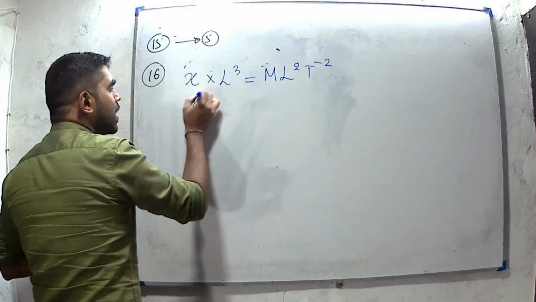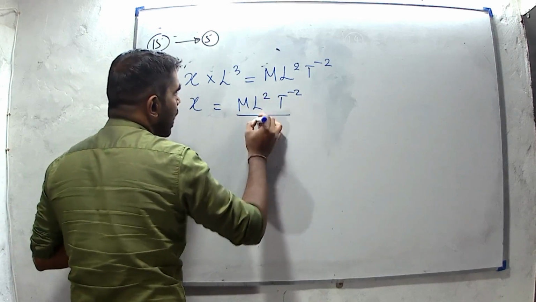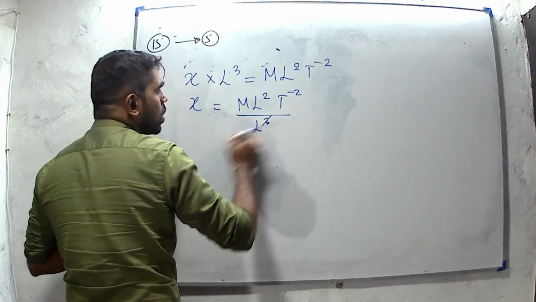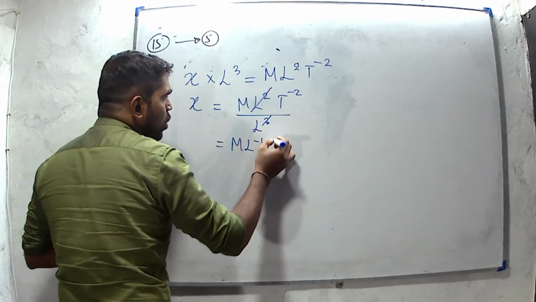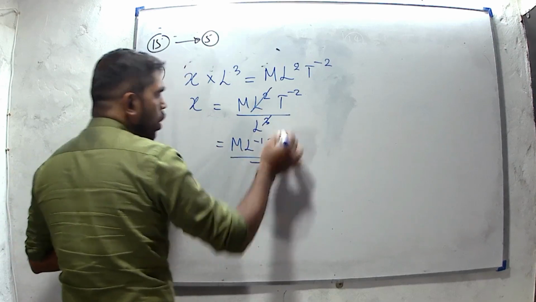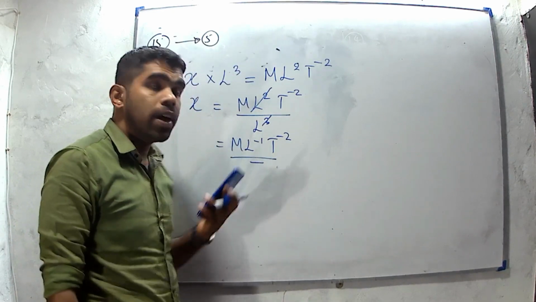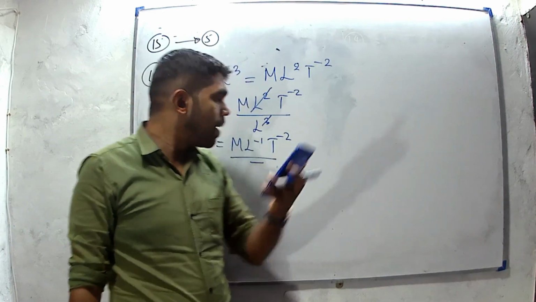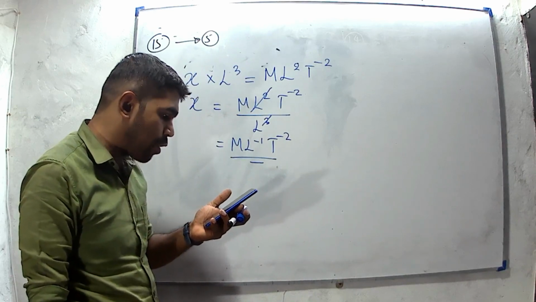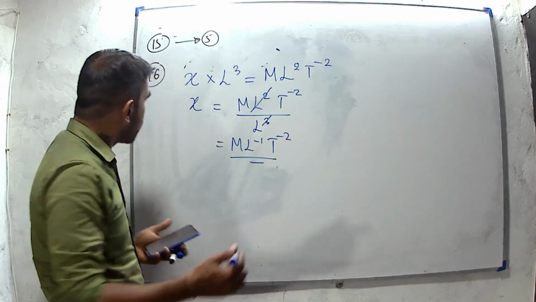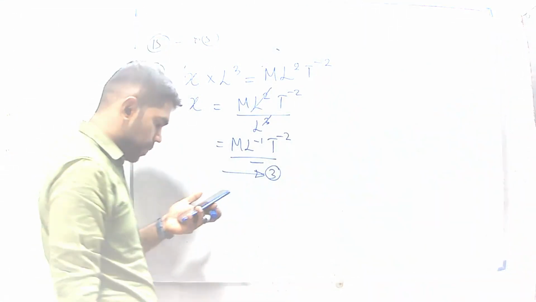Then x is M L squared T to the power minus 2 divided by L cube. We can cancel out two L terms, giving M L to the power minus 1 T to the power minus 2. We know that these are the dimensions of pressure or Young's modulus. In this question, the third answer is pressure. Then the answer is 3 for question number 16.